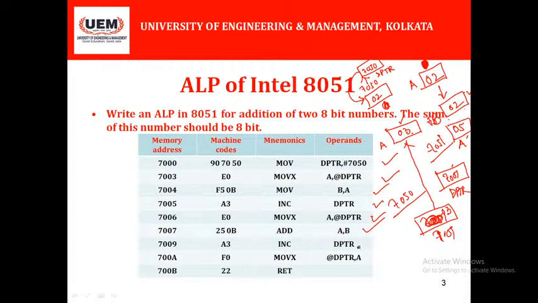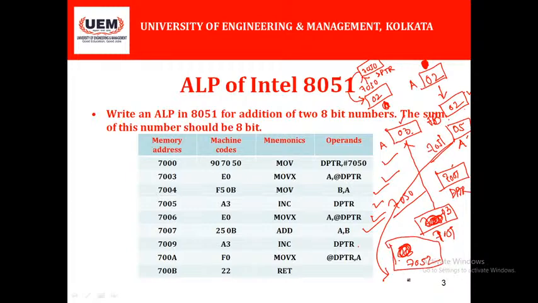Now INC DPTR. So we are going to increment the value of the DPTR. DPTR becomes 7052. That's the value of the DPTR.